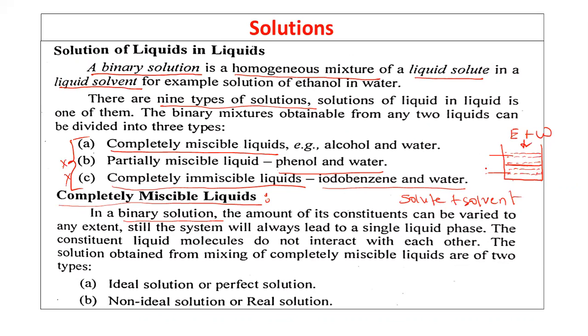You can take another example: a solution of sodium chloride in water, solid in liquid. This is also a homogeneous solution, but sodium chloride does not react with water. Remember this: the two constituents of the solution do not react with each other. Now, the solutions obtained from mixing completely miscible liquids are of two types.